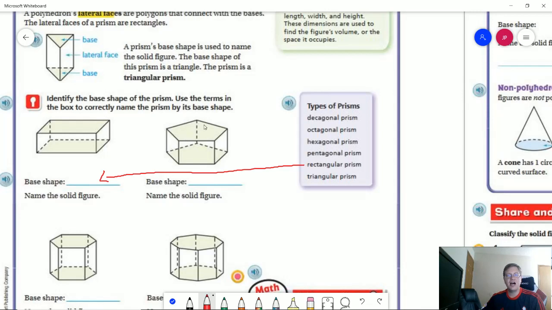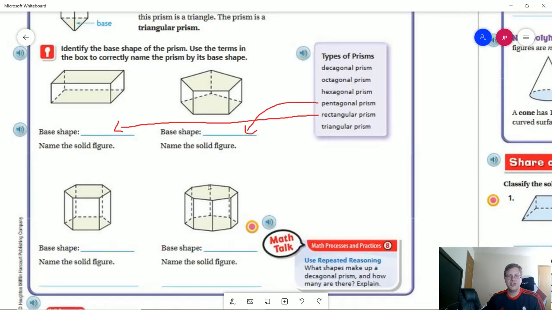This one would be a pentagon, so we would have a pentagonal prism. Then we would have a hexagonal prism. And this one would be, I believe, an octagonal prism. Yeah, there's 8 sides there. So octagon would be the basic shape, and then the solid figure would be an octagonal prism.